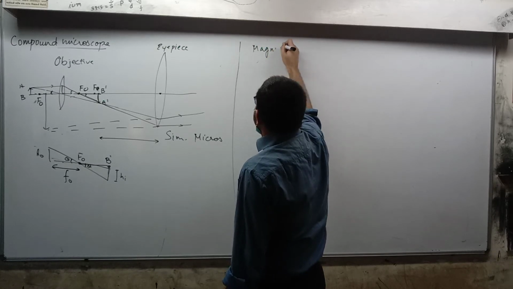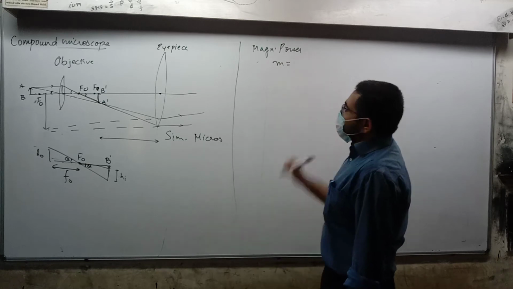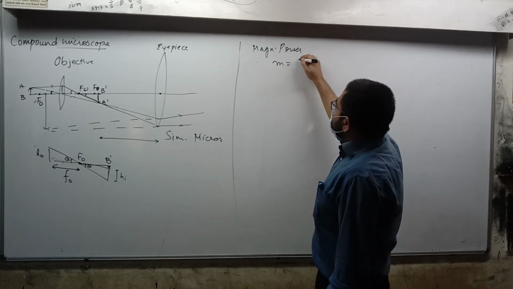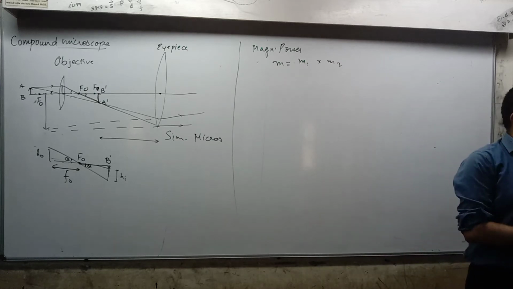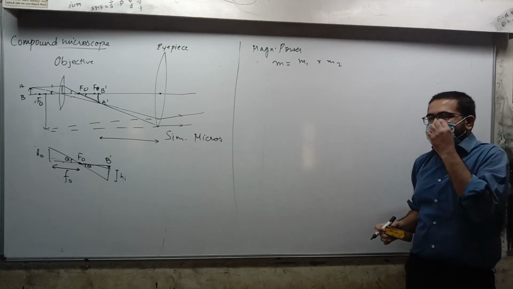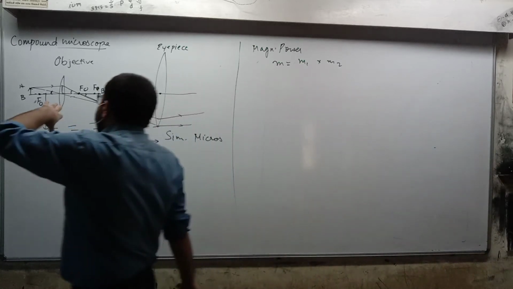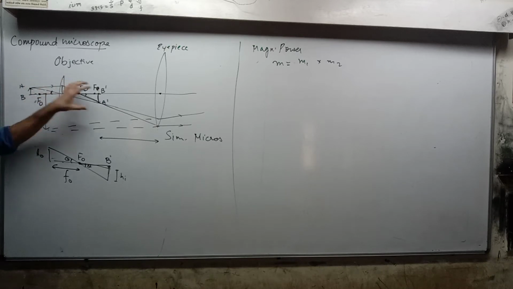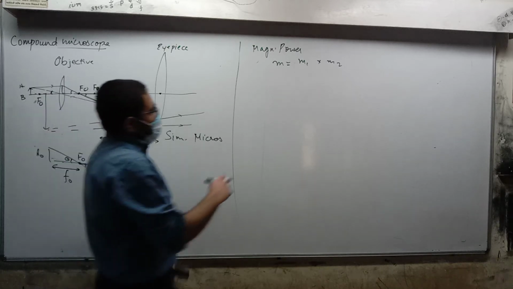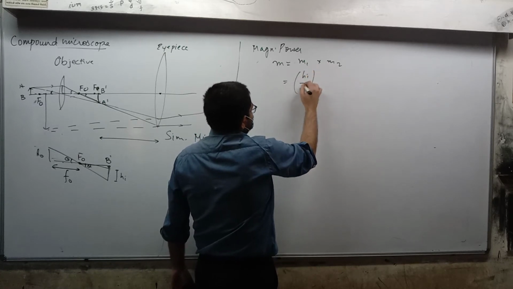In general, the magnifying power of a compound microscope is M equal to the magnification by the first lens into the magnification by the second, M1 into M2. What we are considering is that the first lens is going to magnify it by Hi by Ho.